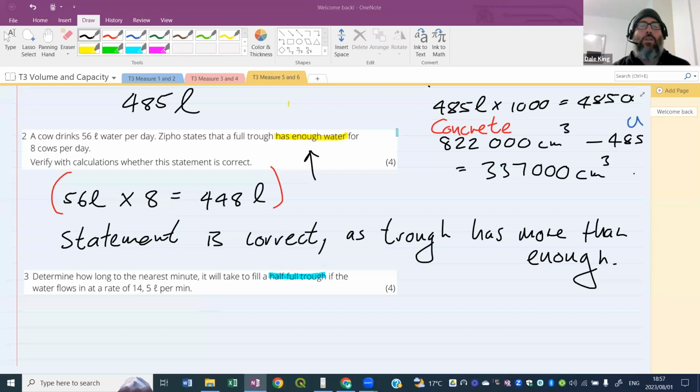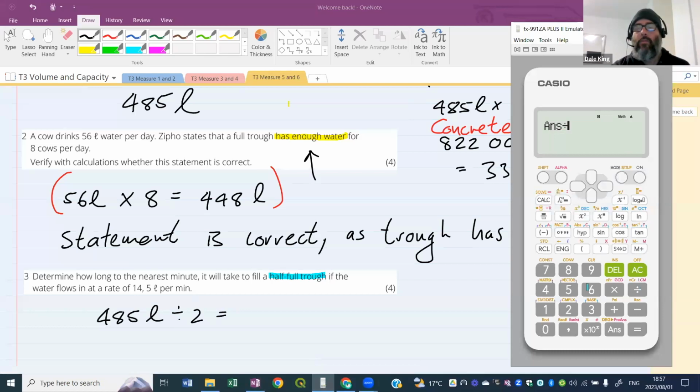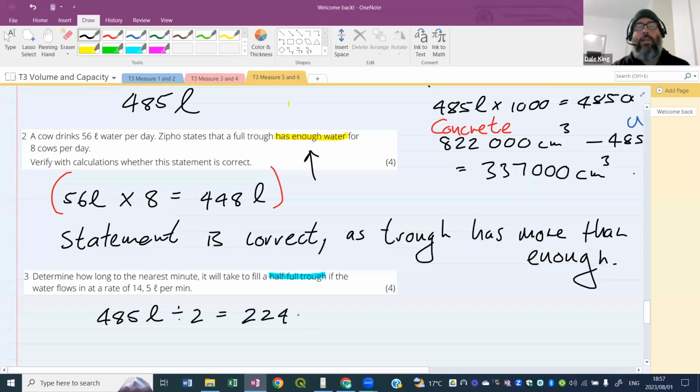Round it off to the nearest minute. One more minute, and then we're going to check this one out. In the meantime, I'm going to work out what half a trough is, because the question is talking about half a trough, which means we must divide that by 2. That's 224 liters.